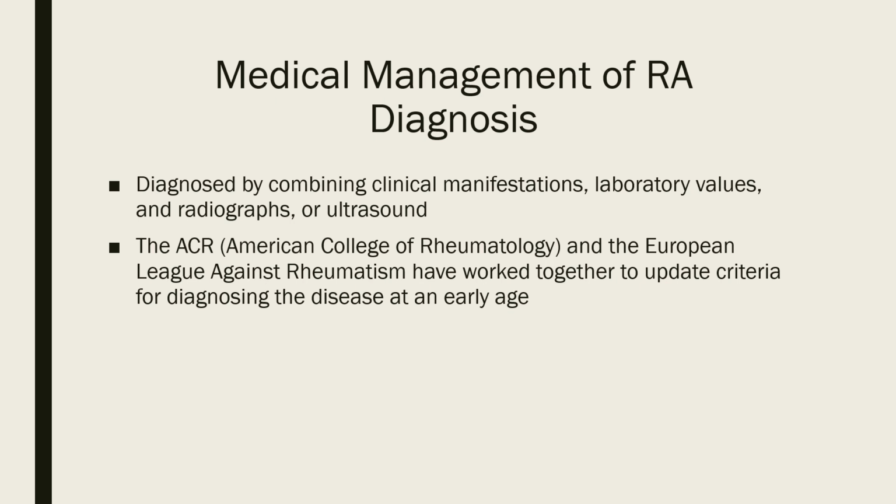So, diagnosis will come by combining clinical manifestations, laboratory values, and radiographs or ultrasound. The American College of Rheumatology and the European League Against Rheumatism have worked together to update their criteria for diagnosing the disease at an earlier age.